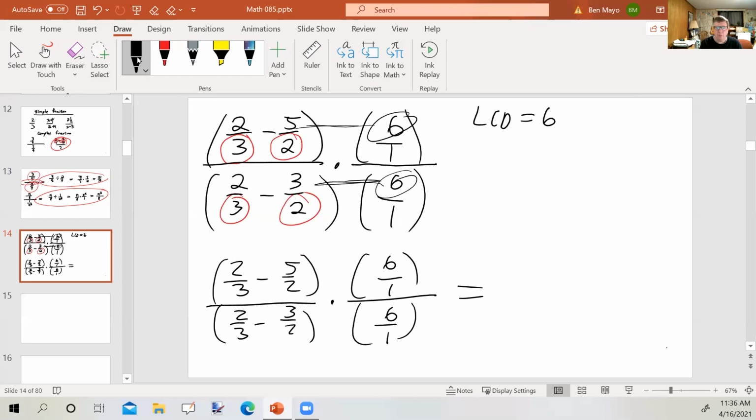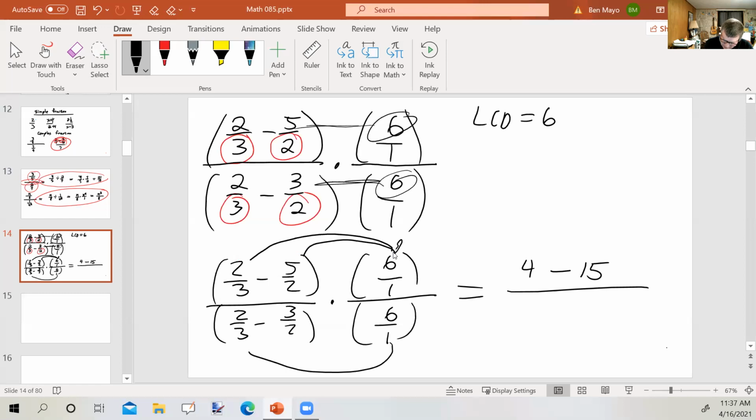Okay, now I'm going to distribute. 6 times 2/3 would be 12/3 or 4. 6 times minus 5/2 would be minus 30/2 or minus 15. In the denominator, 6 times 2/3 is 12/3 or 4, minus 6 times 3/2, which would be minus 18/2 or minus 9.